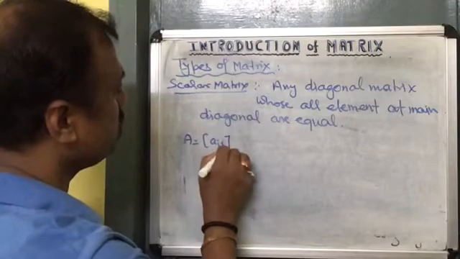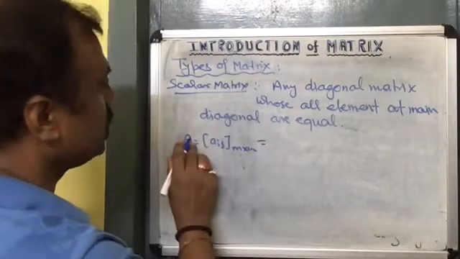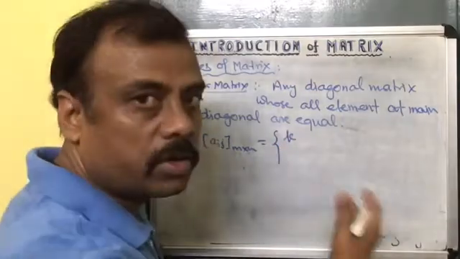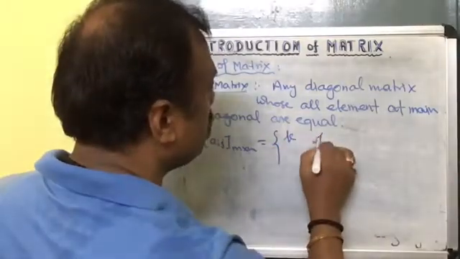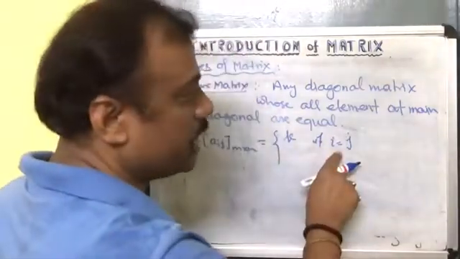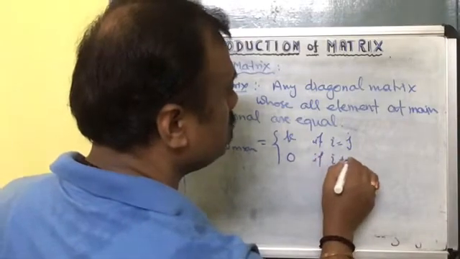Aij, first it must be what? A square matrix. Then k, I have taken any constant, if i equals j, meaning the diagonal elements, and 0 for the other elements if i not equals j.